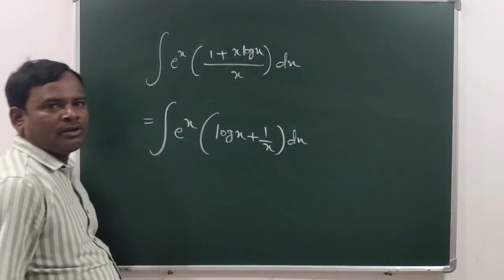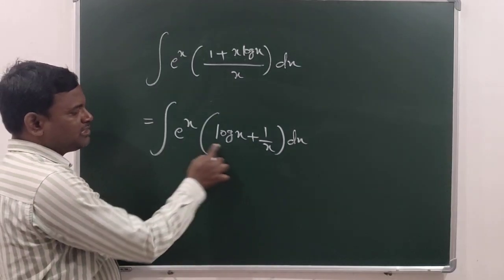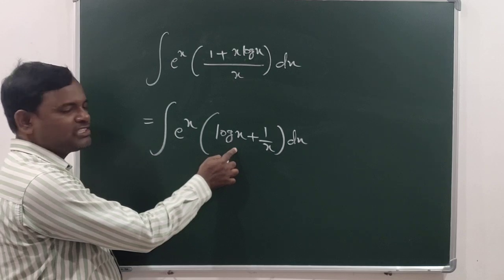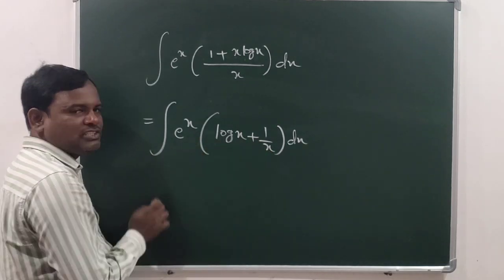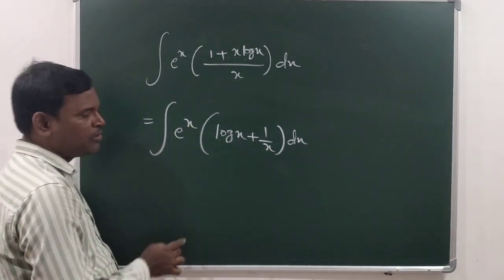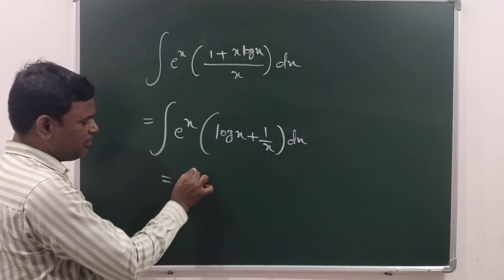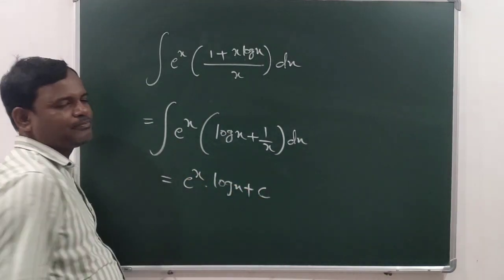Now, compare this one with the standard result. Here consider this is f of x, and as we know, whose differentiation is 1 by x. Now, the differentiation of this function is given beside it. Before this, here e power x is there. Hence, whose integration will be e power x into log x plus c.